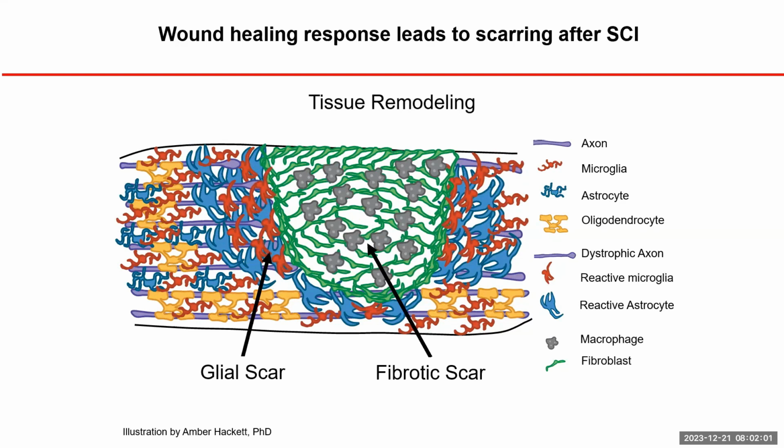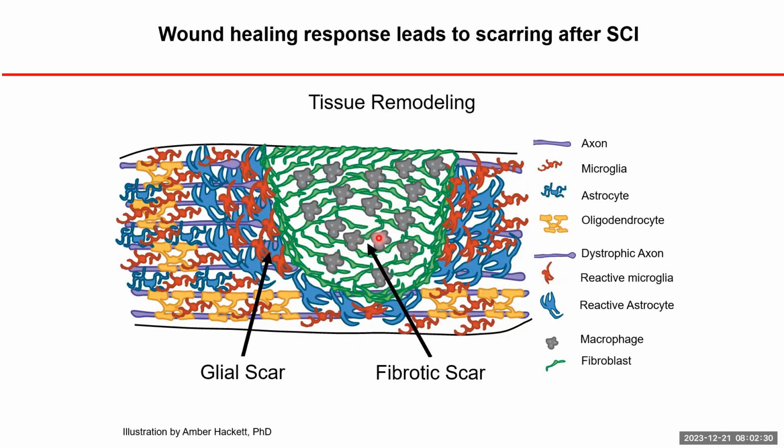There are actually two types of scars that form. The outside cells that surround the central region are typically called the glial scar. What's really interesting about this process is that the neural cells and non-neural cells separate out and form very distinct regions. The central region is what we typically call the fibrotic scar.